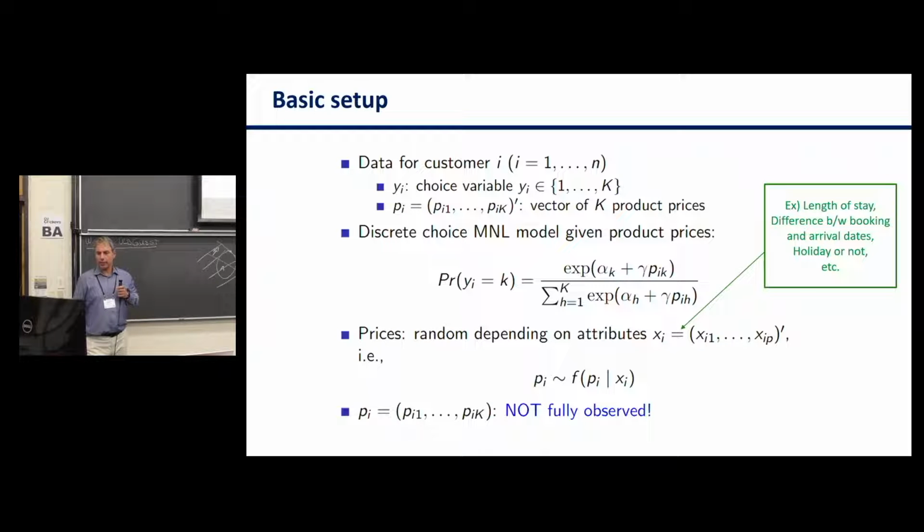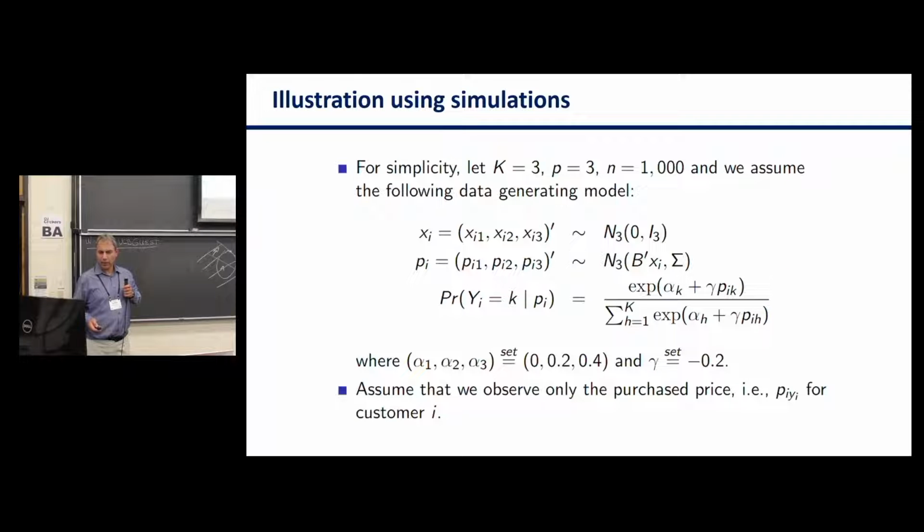And then we know some prices, and we assume that the price for the choice is somehow distributed depending on the attributes of the room. So those prices are not fully observed, and so they are not part of the observed data.